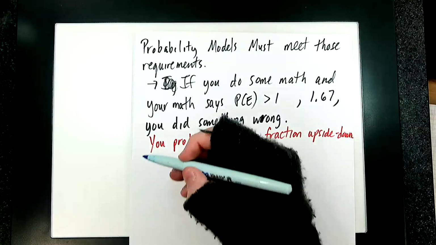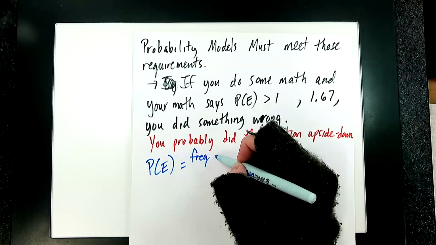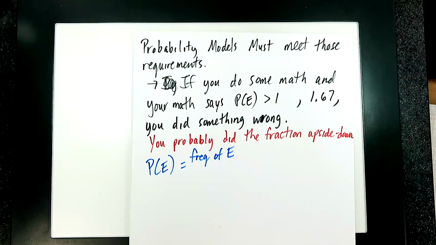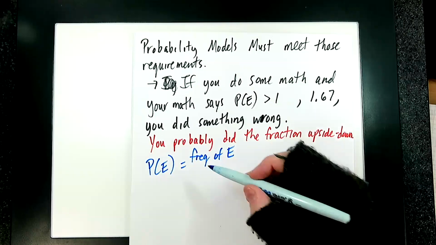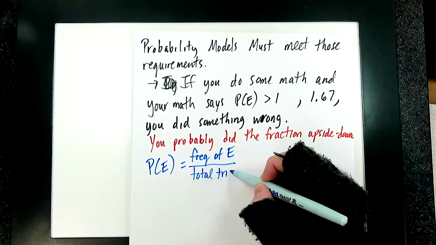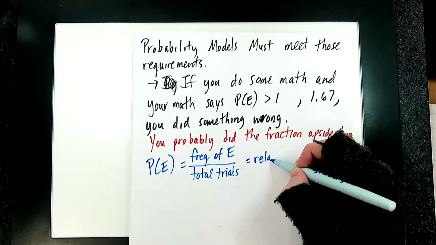The probability of E is calculated as the frequency of E, how many times E happened, frequency like we did in chapter 2, over the total number of trials. This is a lot like relative frequency.